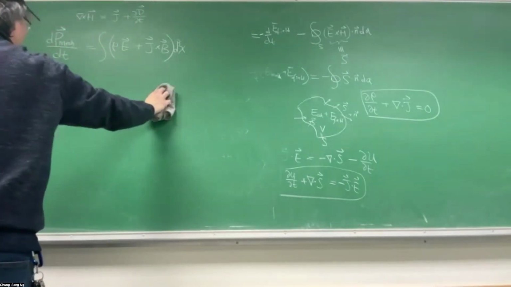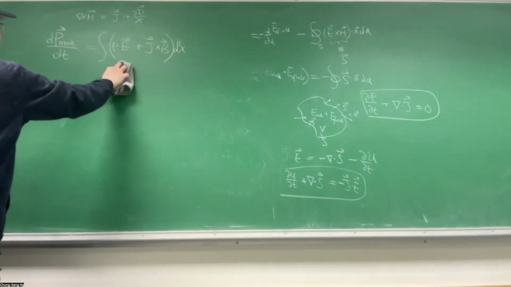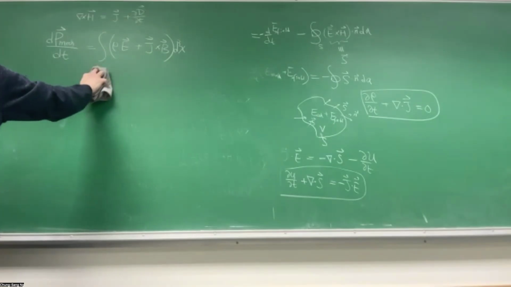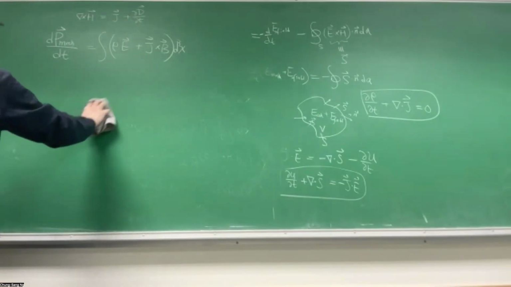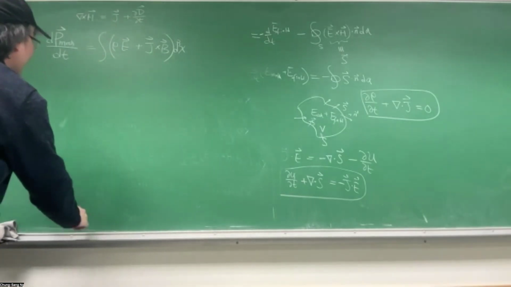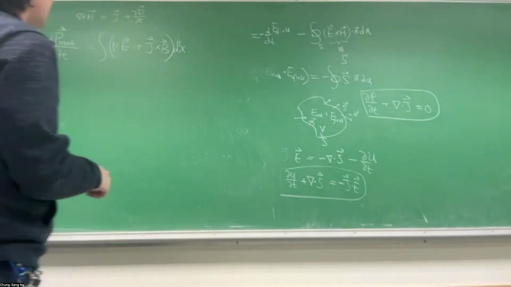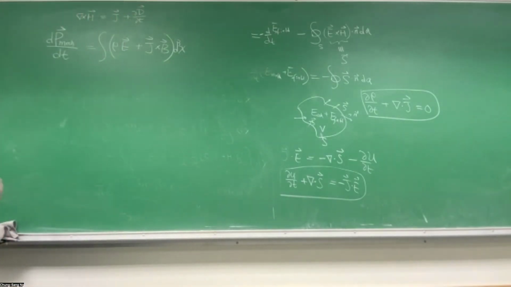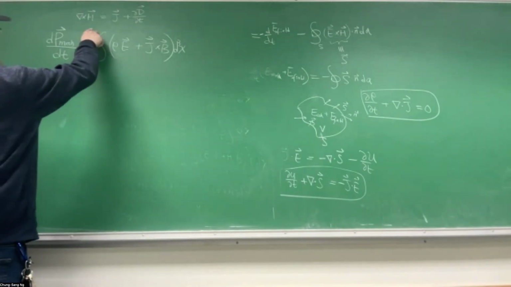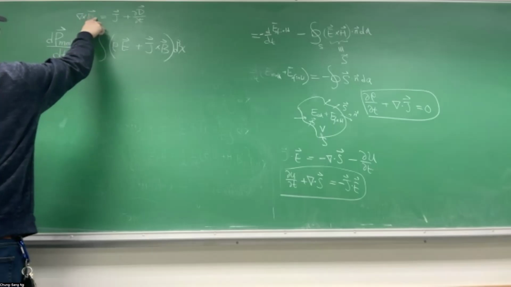Okay. So, yeah, the chalk I got from there is a different color chalk. Now you follow the same thing, using the microscopic Maxwell equations. So Ampere's law becomes: this is B over mu zero.